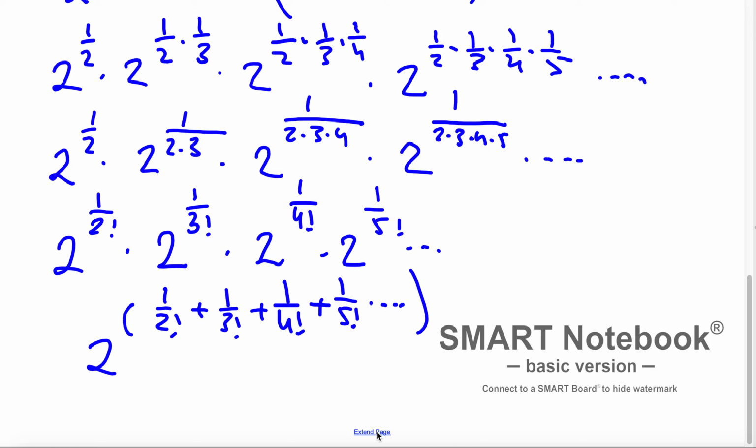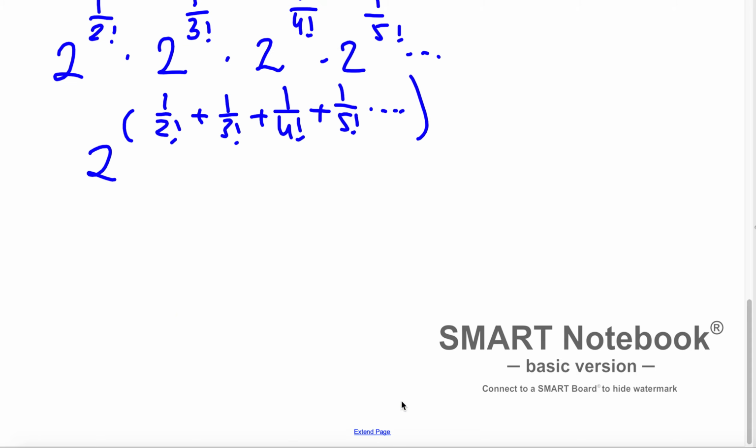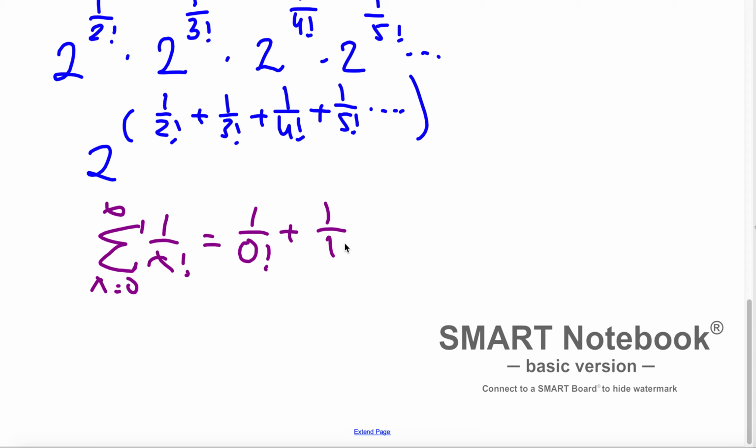So now I'm going to explain a little bit about this form. Let me write with a different color. As we know, the series 1 over x factorial, from x equal to 0 to infinity, is equal to 1 over 0 factorial plus 1 over 1 factorial plus 1 over 2 factorial plus 1 over 3 factorial plus 1 over 4 factorial.